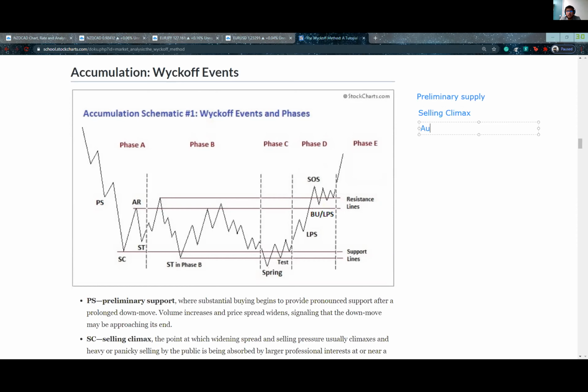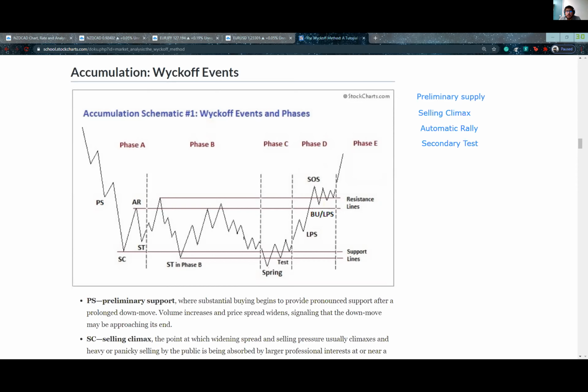And we're going to have the automatic rally, which is the exact same thing as the other automatic rally. The secondary test does the exact same thing as the one that we saw in distribution. So literally the first phases, the preliminary supply, selling climax, automatic rally, secondary test, are all the same in both accumulation and distribution, right?